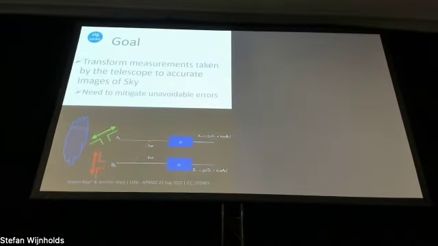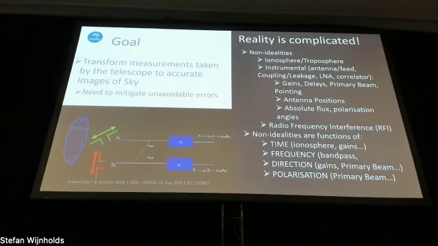This is just a cartoon of what I already said. There are two primary effects. One is the ionosphere, a model of the ionosphere, just a cartoon of it. And then the feeds, where we have leakages. What we think of as horizontal may not necessarily be the horizontal electric field. Some of it leaks into the vertical detector and vice versa. So there is leakage of one polarization into the other, which you need to calibrate.